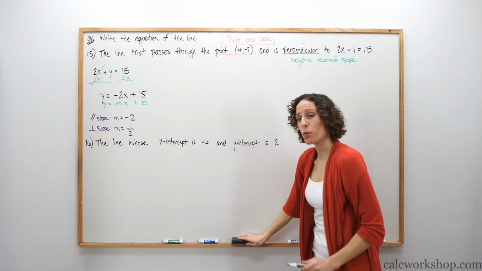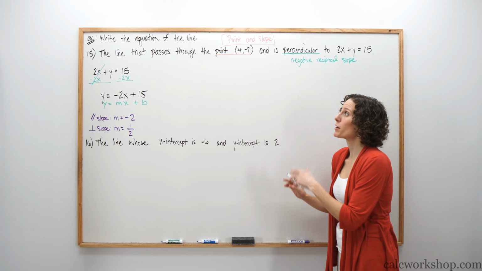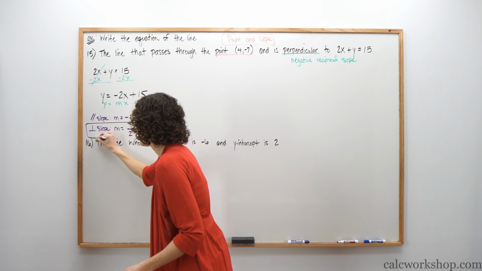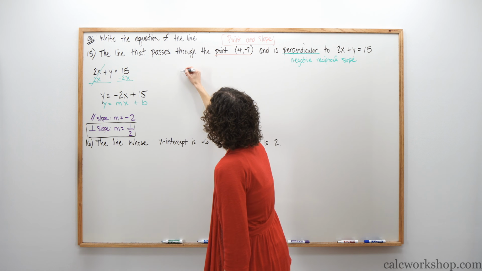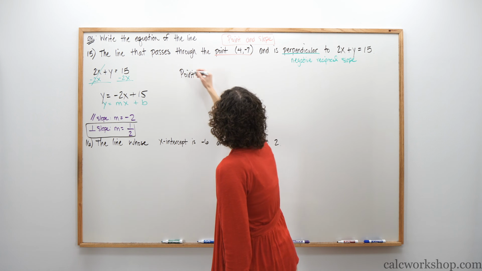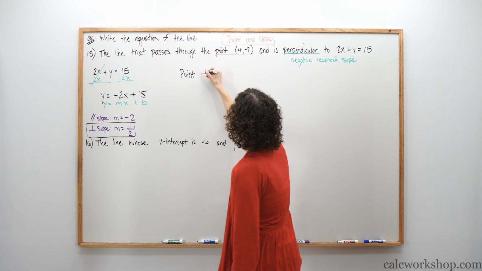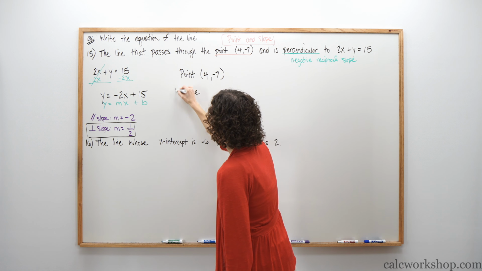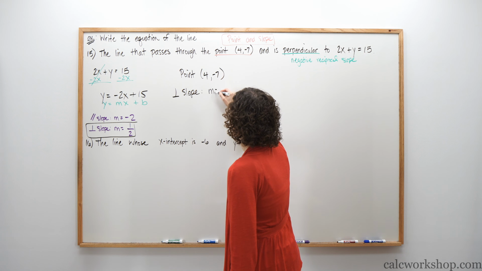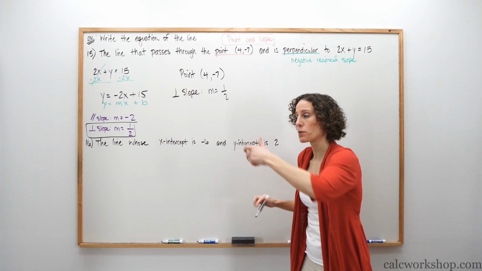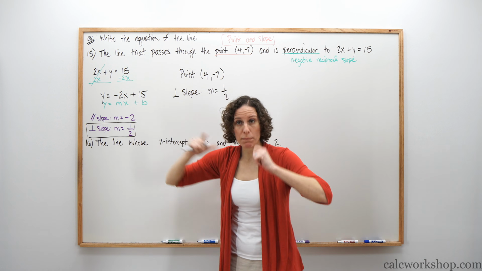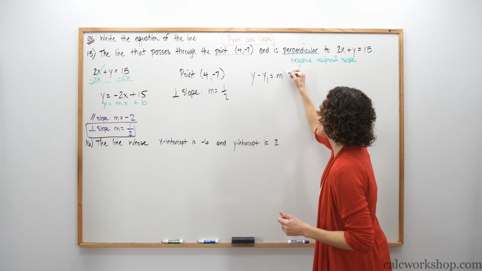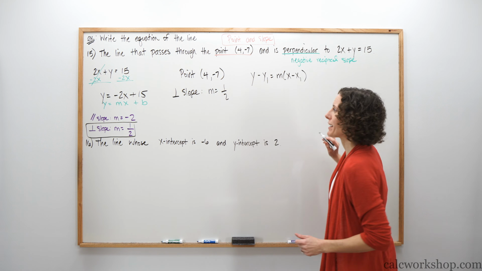So now, let's use the slope that we need and the point that we are given to write the equation. So the perpendicular slope is this one. So now we have a point which was given to us of (4, -7), and we have a slope, which is the perpendicular slope, and we know it is the negative reciprocal. We change the sign and we flip the fraction. So let's drop it on in. y minus y1 equals m times x minus x1.